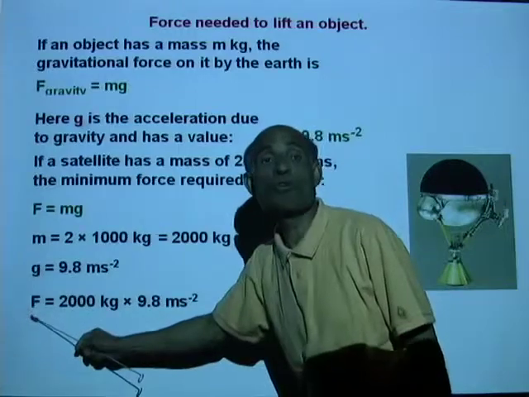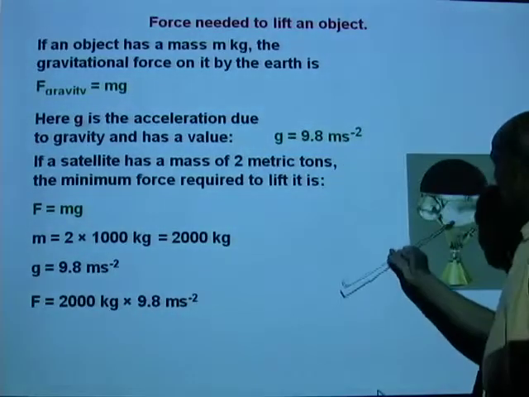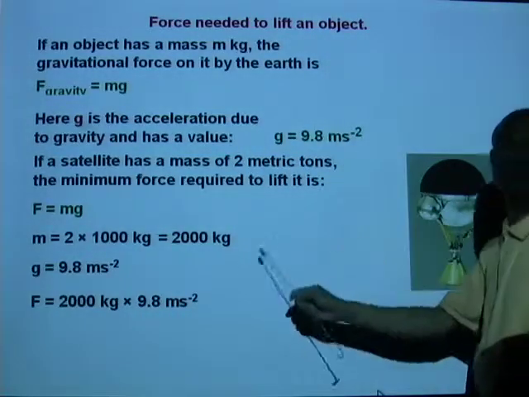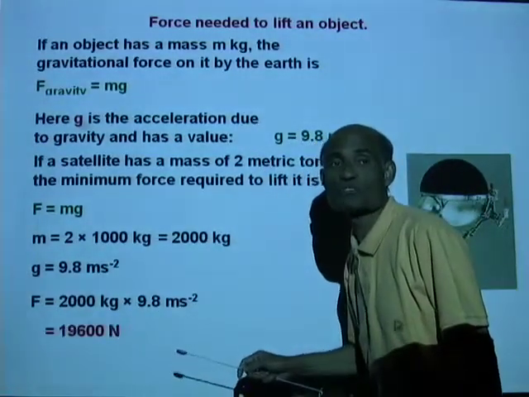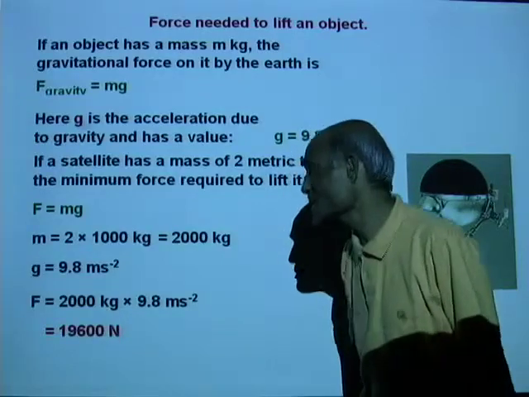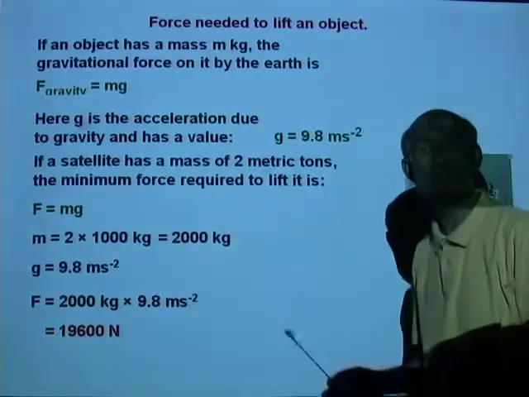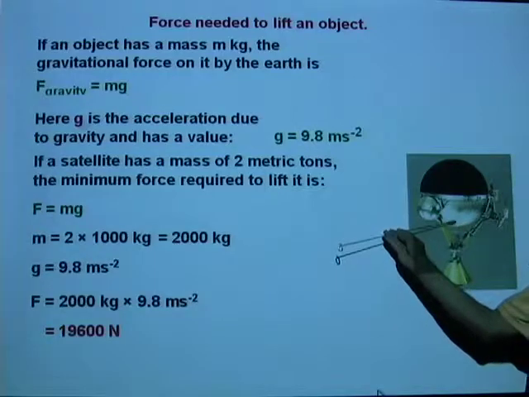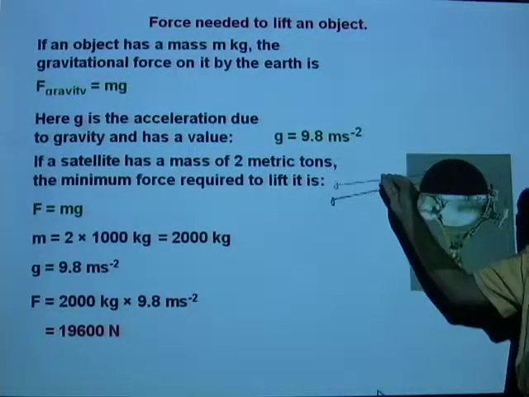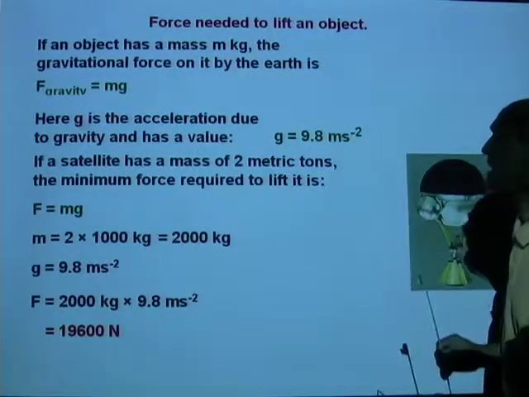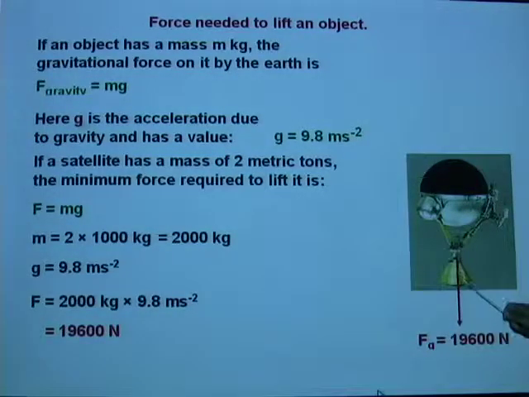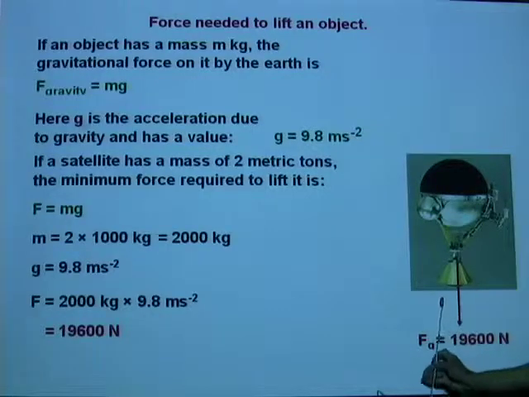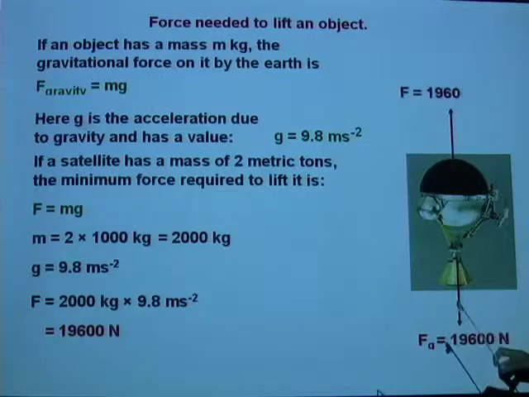Therefore, the total force necessary to lift this satellite off the ground is its mass times the acceleration due to gravity, that is 19,600 Newtons. You need a minimum force of 19,600 Newtons just to lift this satellite from the surface of the earth. That's right. This is the weight of the object, and to lift it upward, you need to apply an equal force upward.